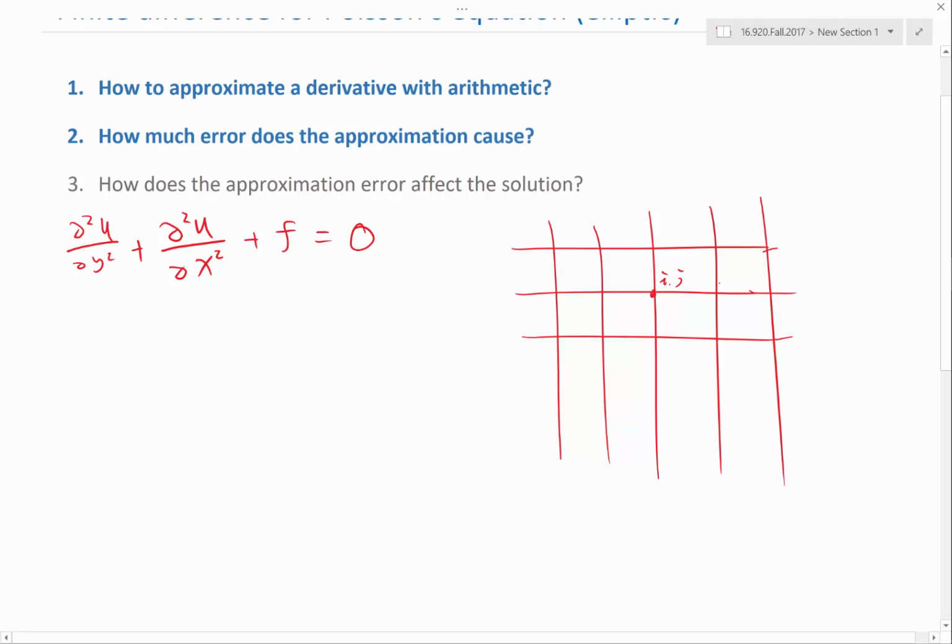So this is ij, this is i+1,j, this is i-1,j, this is i,j+1. Let's say this is the y direction and this is the x direction. So this is i,j-1. And we also have i-1,j-1 if you want to use it for some derivatives.